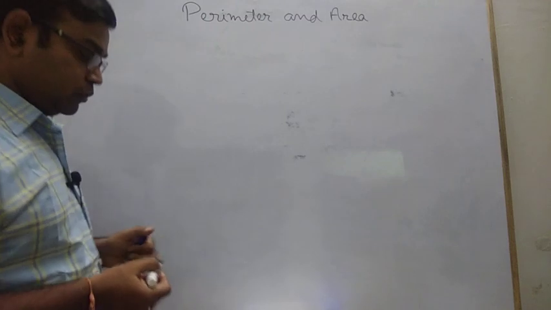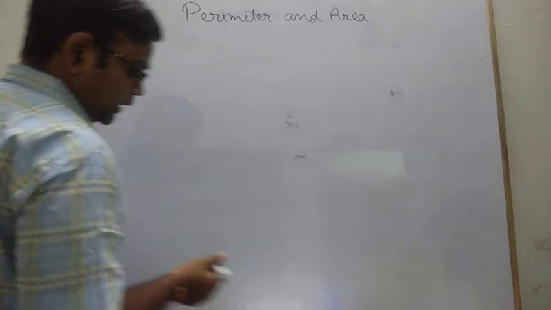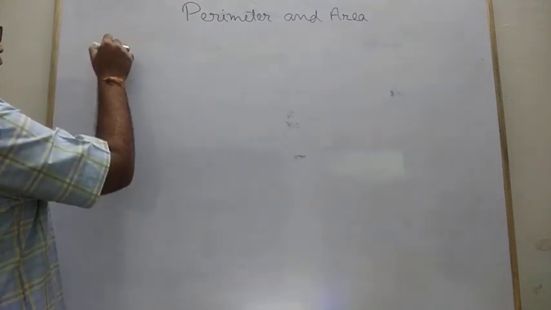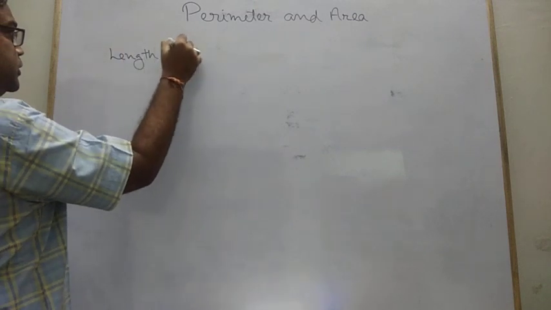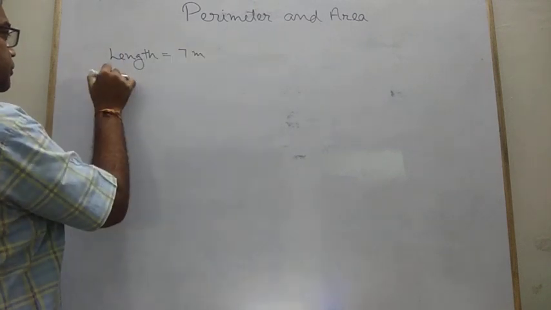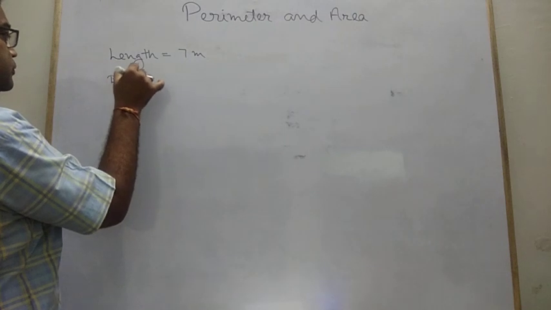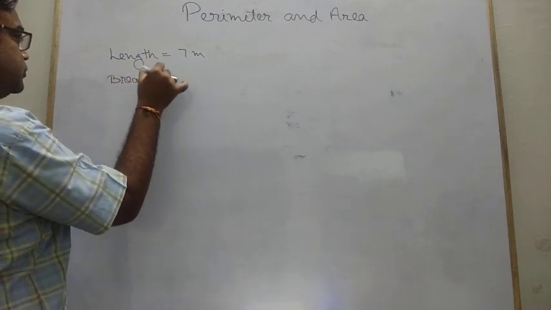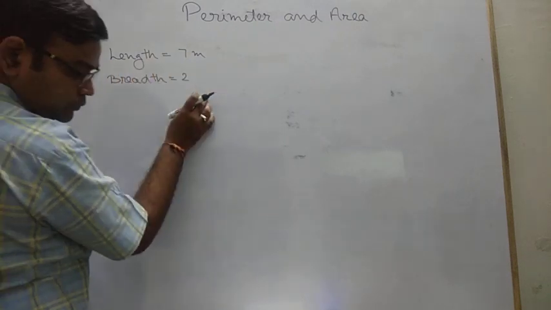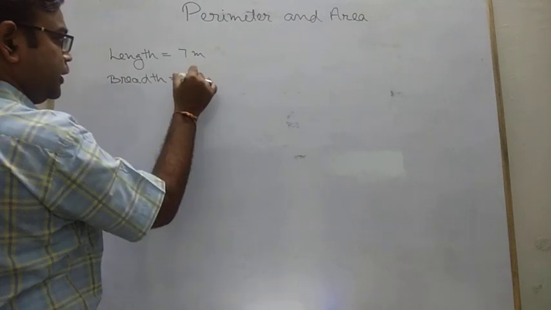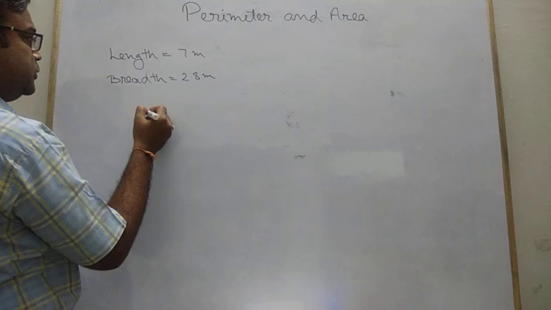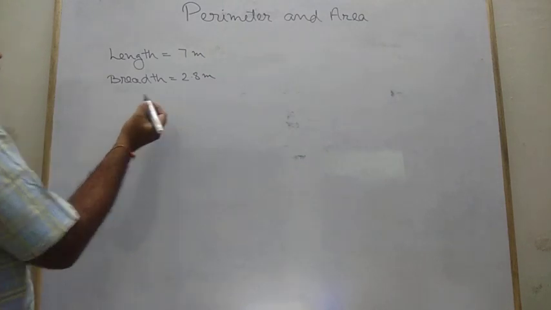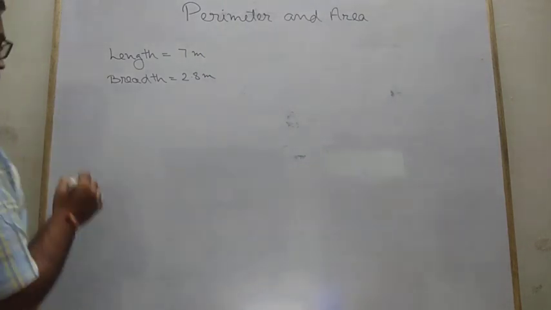So first note down what is given to you. It is given that the length of the floor is 7 meter, breadth is 2.8 meter, and the area of the tile is given to you.